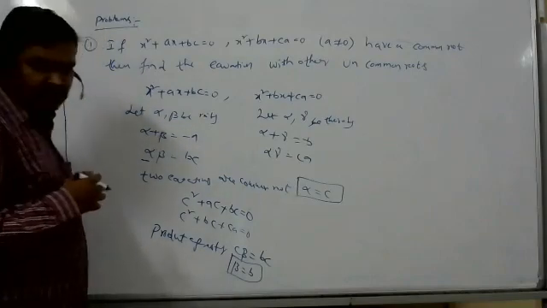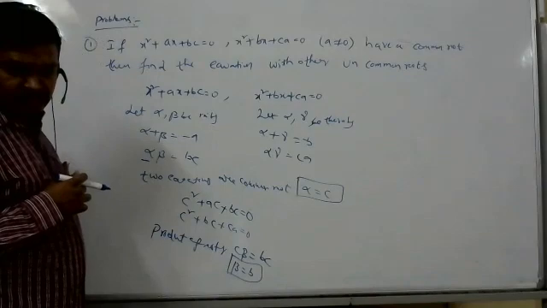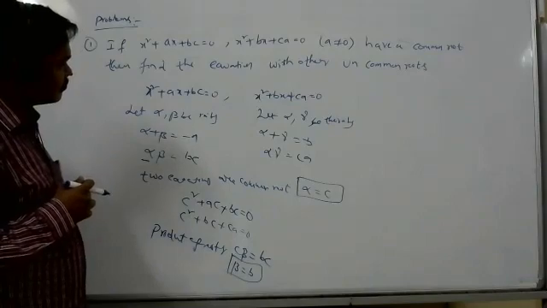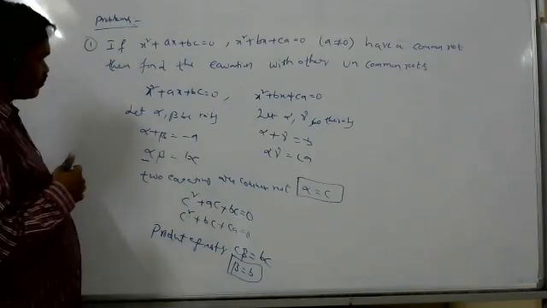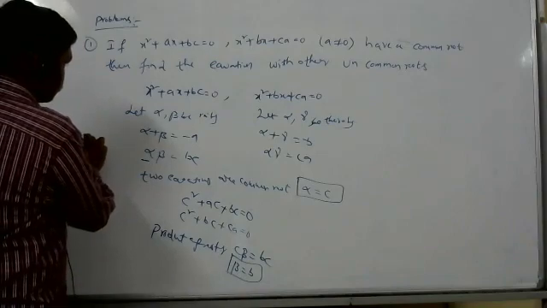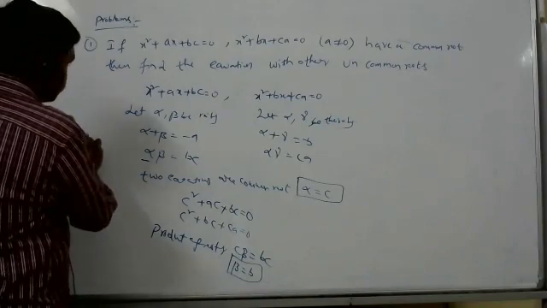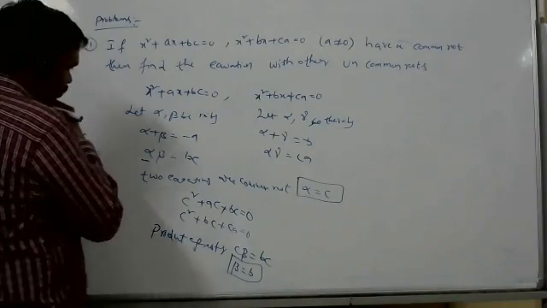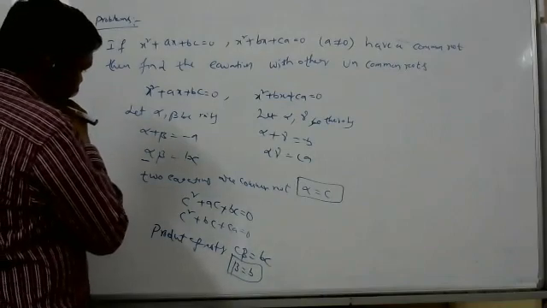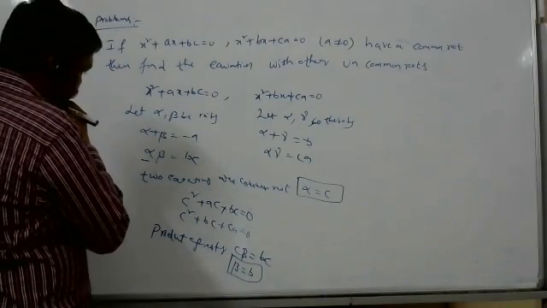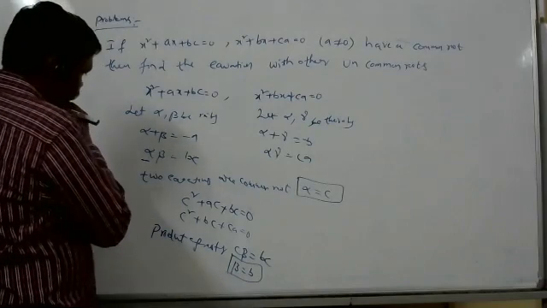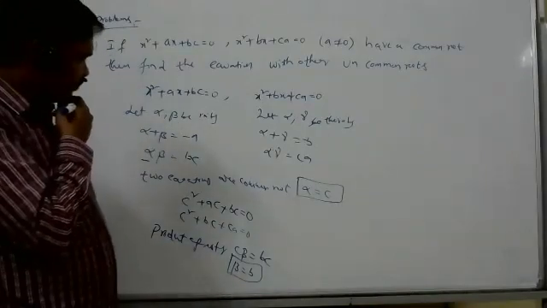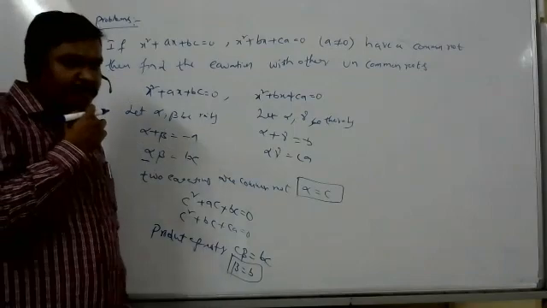So if c is equal to 0, then x square plus ax is equal to 0 and x square plus bx is equal to 0. So we can take x common, we'll get x into x plus a is equal to 0 and x into x plus b is equal to 0. So x can be 0, it can be minus a and minus b. Minus b, minus a are the two possible values of x.